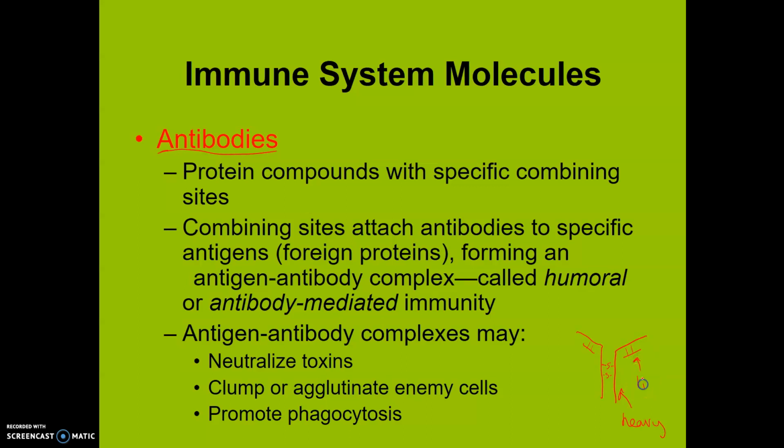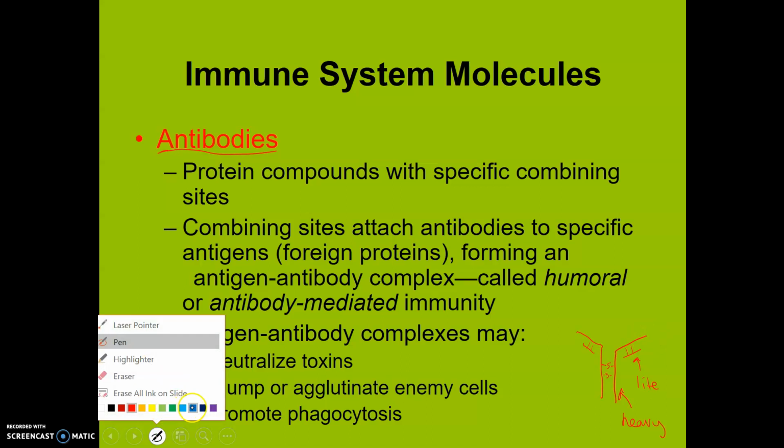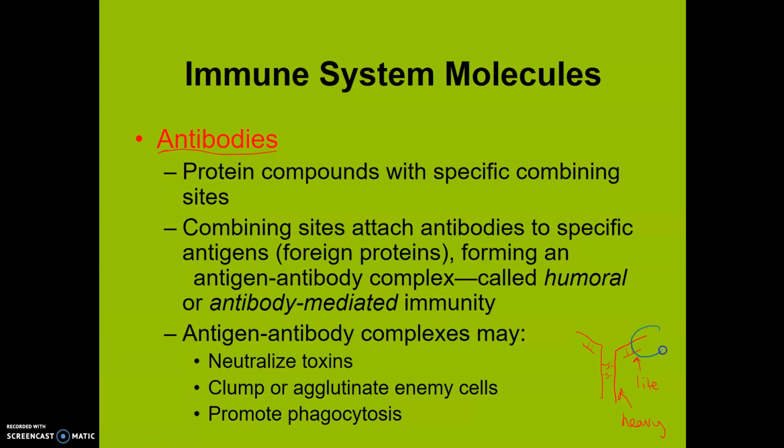These are the light chains. And this region over here that I'm going to highlight in blue, this is called the variable region. So in other words, these two tips are specific to combine with something else in the environment.